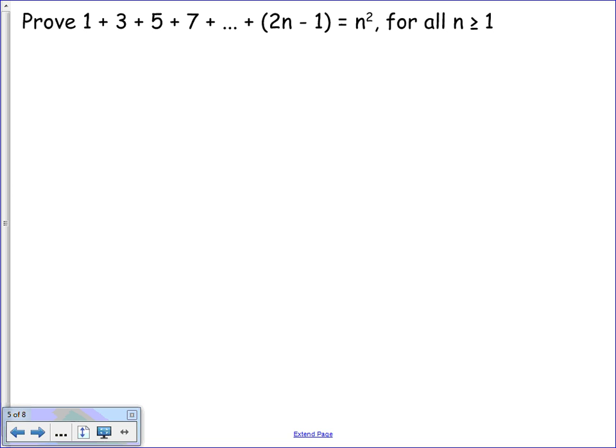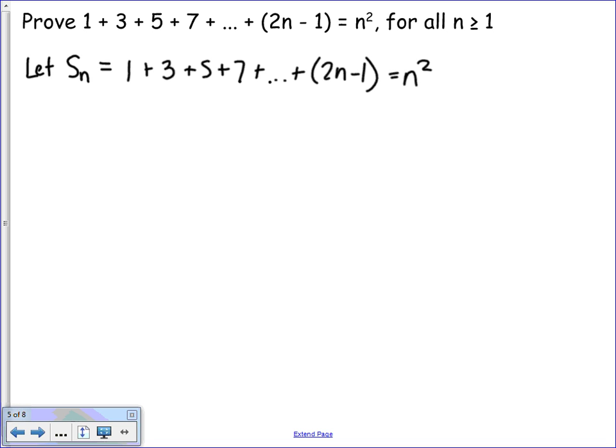So I'm going to make a statement where, like in the principle of mathematical induction, it says we have some P sub n, I'm going to make it S sub n. So I'm going to say this. Let S sub n equal the thing I'm trying to prove: 1 plus 3 plus 5 plus 7 for all odd numbers, and it equals n squared.